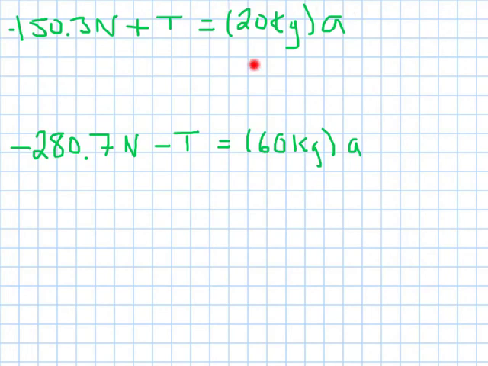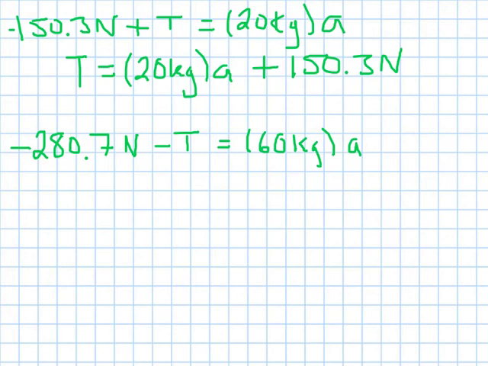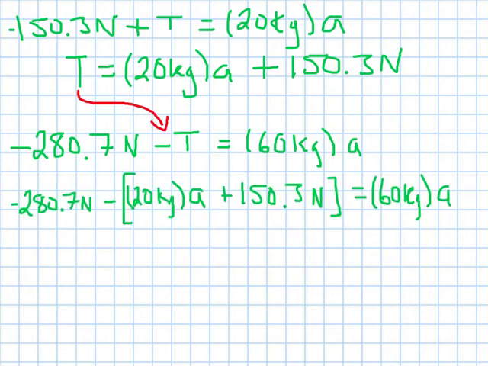So here's the equation we got from the forces acting on the kid. We can rewrite it and solve for tension by adding 150.3 newtons to each side. Now we're going to use this tension and plug it into the equation that we got from the forces on the mom. Now that I've done this, I need to organize this equation so that I have like terms on each side. So I'm going to have the negative 280.7 newtons.